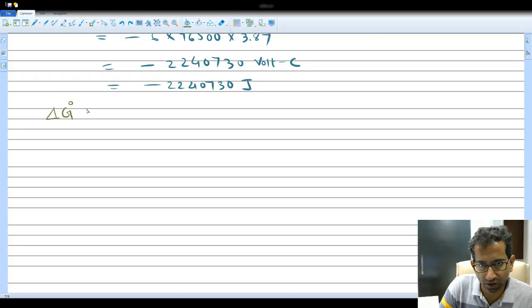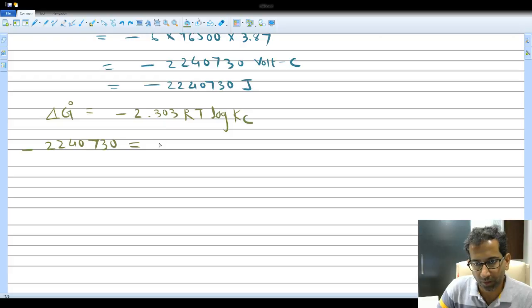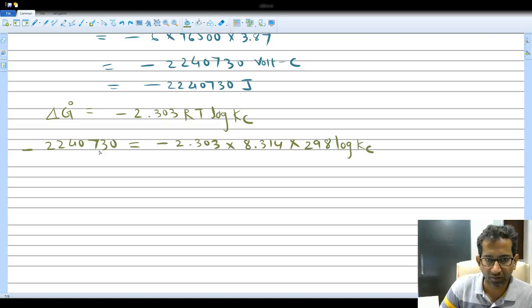Delta G0 equals minus 2.303 RT log Kc. Minus 2240730 equals minus 2.303 into 8.314 into 298 log Kc.